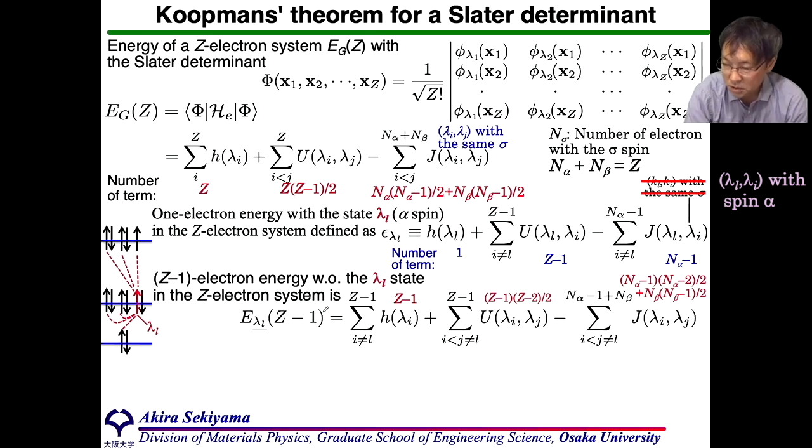We can consider the total energy of Z-1 electrons as this formula. So this is the 1-electron energy of the residual Z-1 electrons, and the second term stands for the Coulomb interaction between the electrons without the electron with the state lambda L, and the third term stands for the exchange integral between the electrons without state lambda L. Then we consider the sum of this assumed 1-electron energy and the residual Z-1 electron energy.